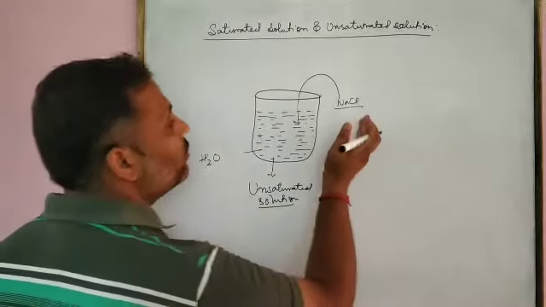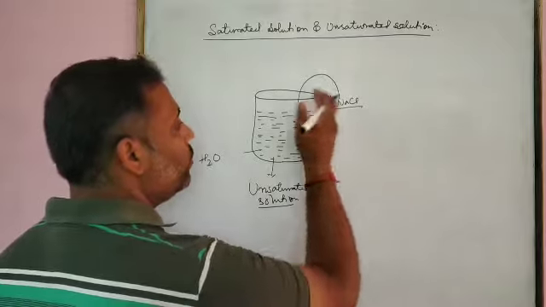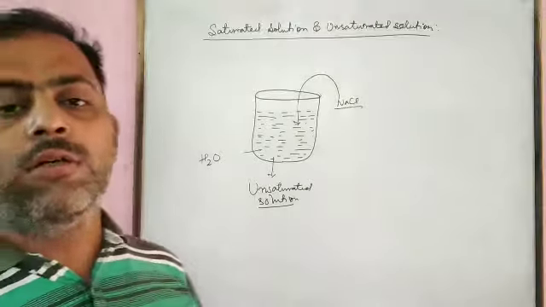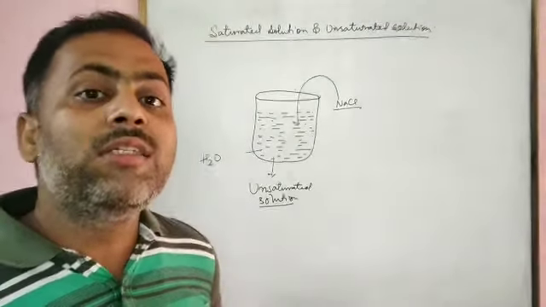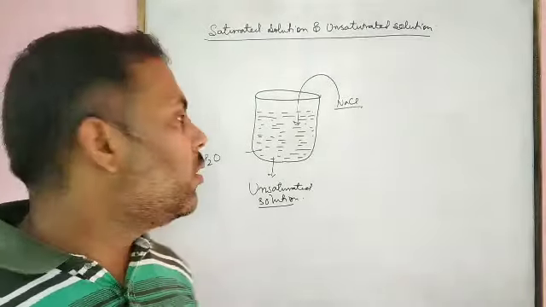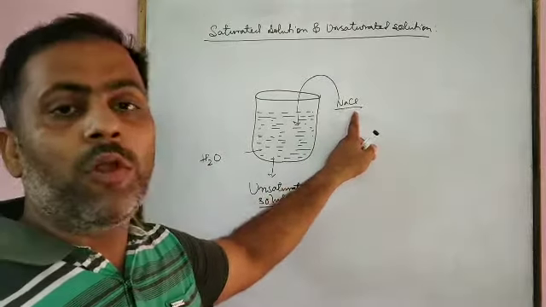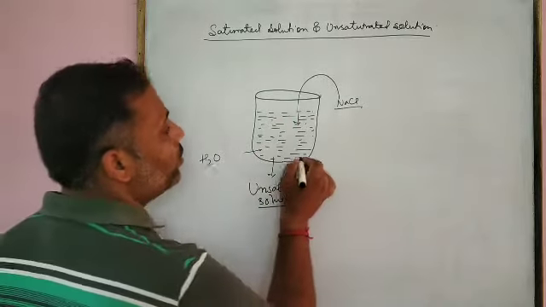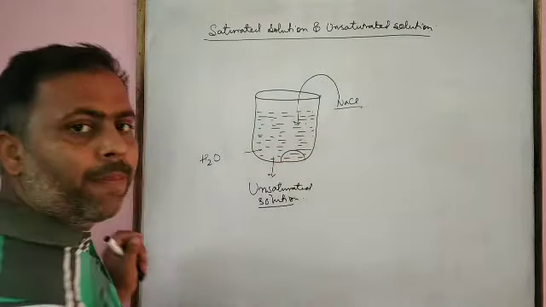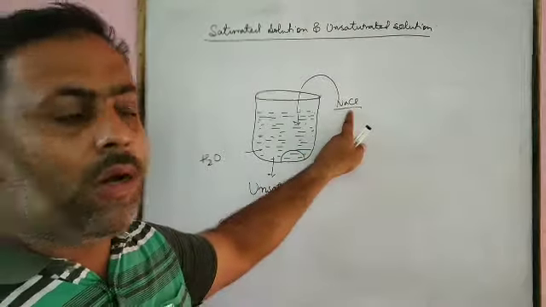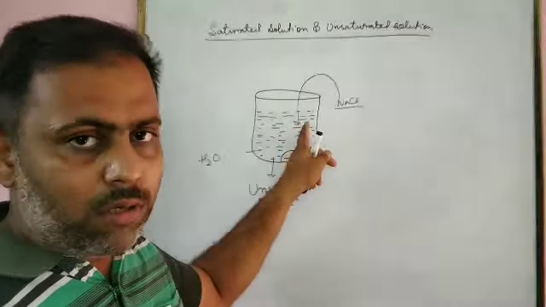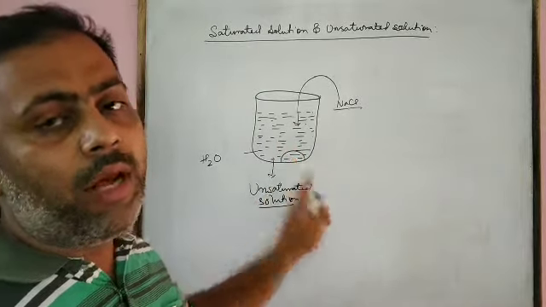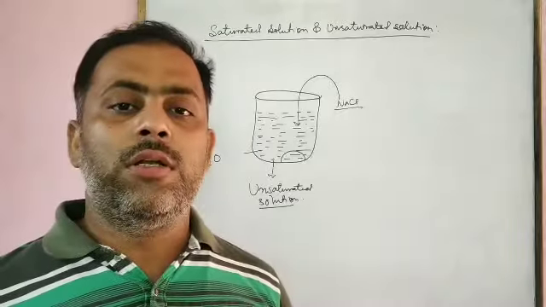But on addition of 1 teaspoon of sodium chloride, 2, 3, 4, 5, on successive addition, a stage is reached when the added sodium chloride is not going to dissolve in water, whereas it is going to settle at the bottom. If it is not going to dissolve, then it will be settled at the bottom, and that type of solution is termed as saturated solution.